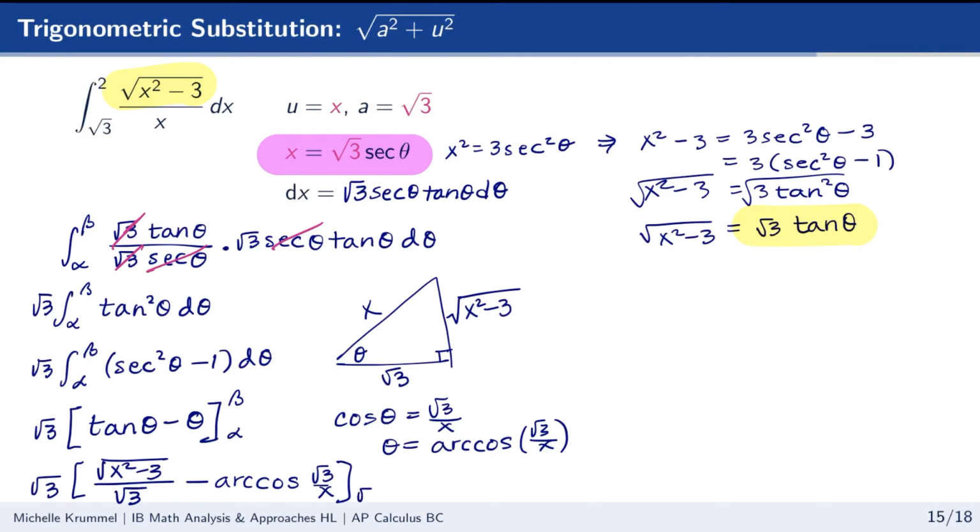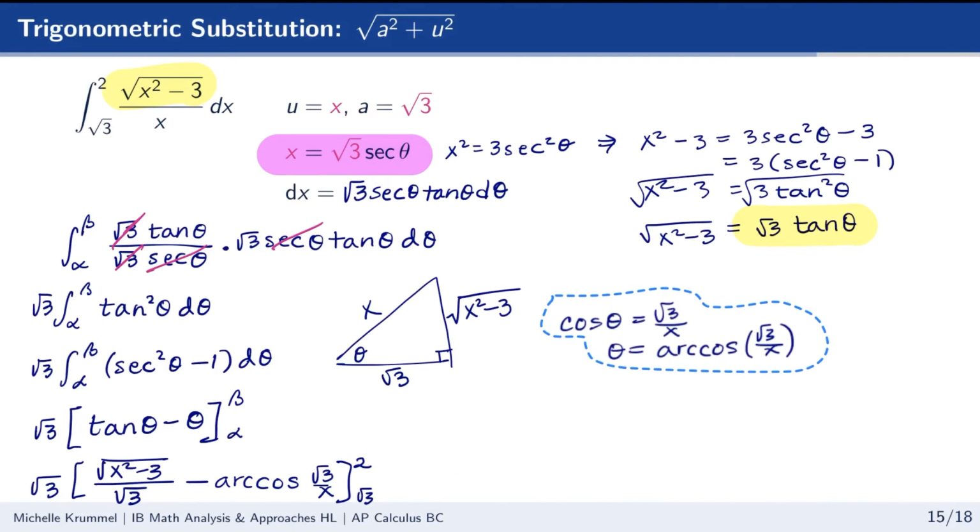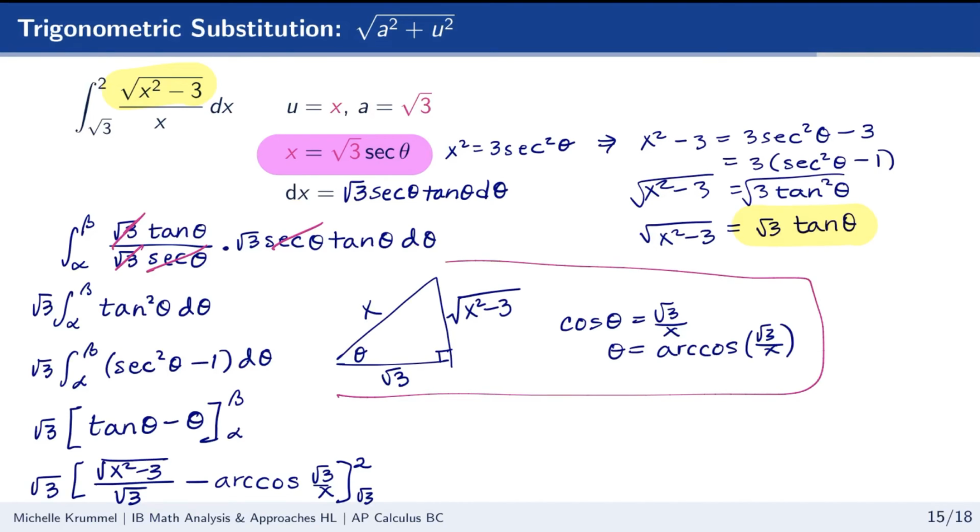And then we're evaluating from root 3 to 2. I'll just set that guy aside. Okay, so I could do some simplifying here, but I don't think I'm going to.